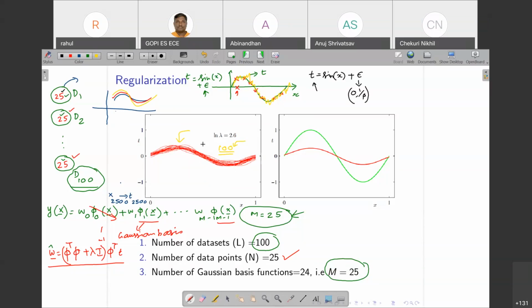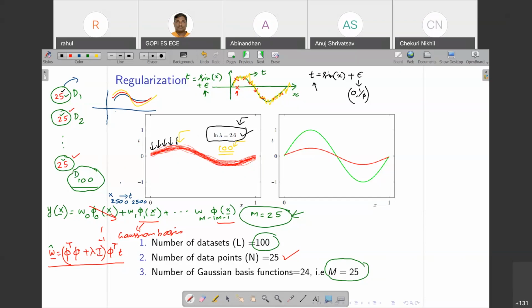Now, this is an experiment with choosing the lambda value arbitrarily, like ln lambda is chosen as 2.6. For this value, for the various data sets, these are all the possible curves you are getting. Now what I'm going to do is take the average over the values.